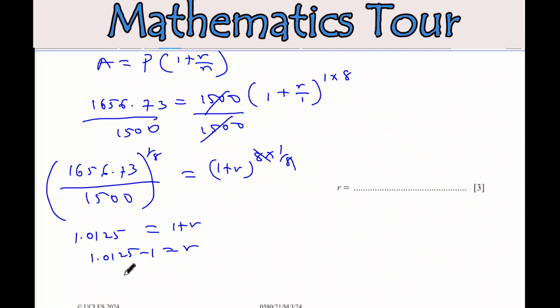So that will be 0.0125 equals r. We need to multiply this by 100%. So 0.0125 multiplied by 100%. The value of r will be equal to 1.25%. So that is the value of r.